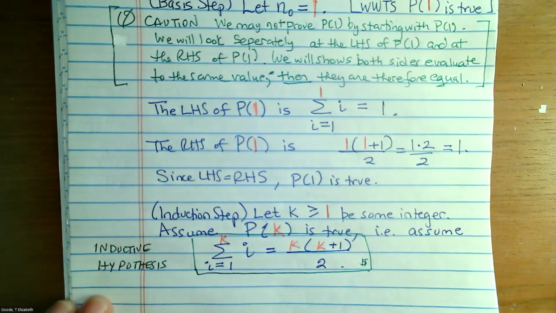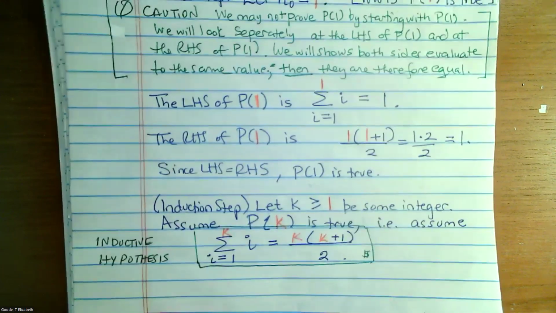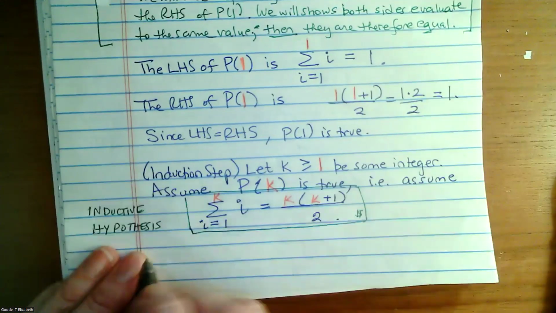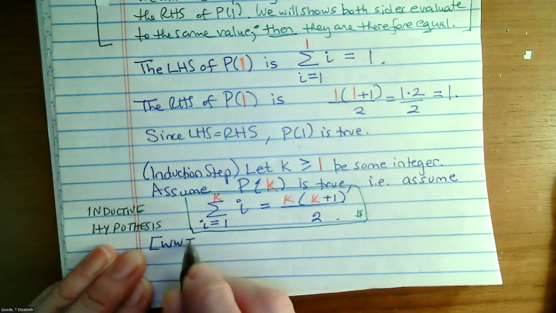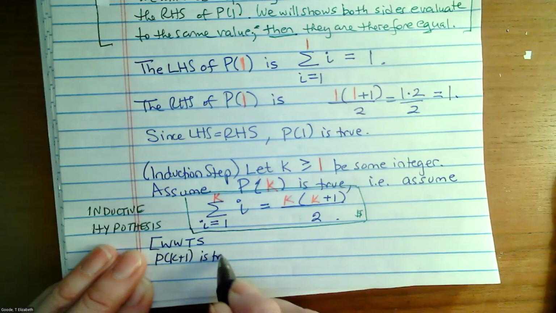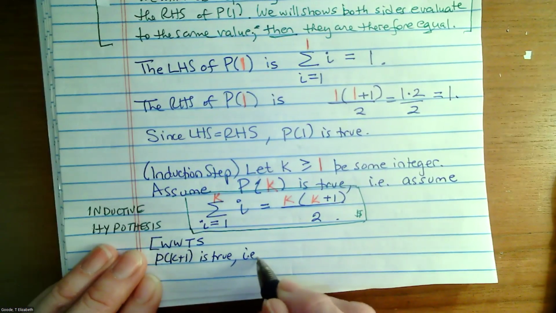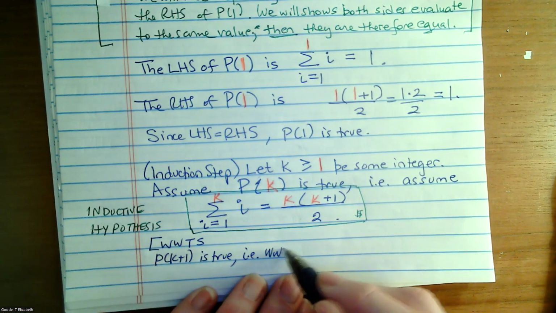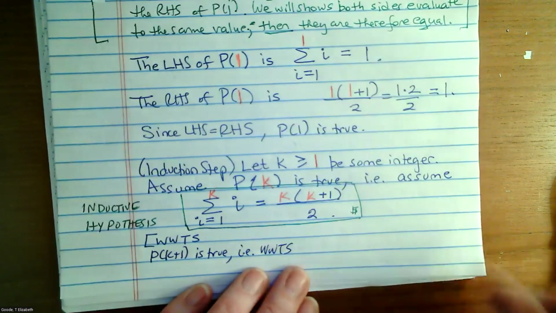All right, now, what do we wish? We want to step up the ladder. We want to step up the staircase. So we wish to show p of k plus 1 is true, i.e., we wish to show, and now we can write p of k plus 1.